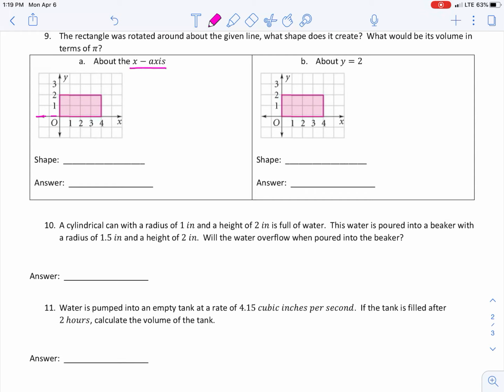And we know our x-axis is right here. Okay, so if we rotate that around that x-axis, this is going to be our cylinder. So we're creating another cylinder.